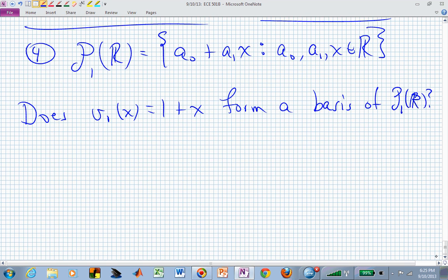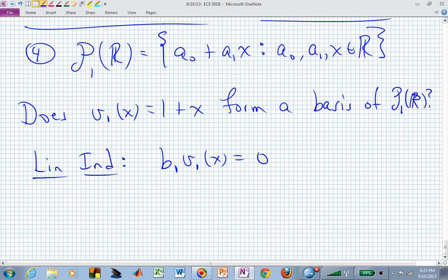I think it's clear that that's linearly independent, meaning if we looked at the linear independence of this, we would be looking at a linear combination of some scalar times v1 of x and asking for all values of x, when does that equal 0?